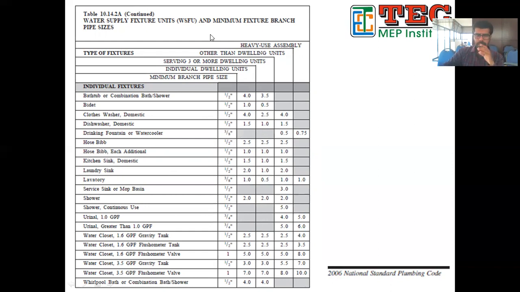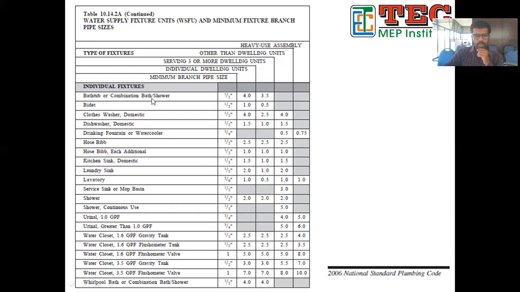In some other cases we use NBC also. We are using different codes for different things. Anyways, here we are trying to find the pipe size with the help of NSPC, and this method is known as water supply fixture unit. So here you can see different types of fixtures.